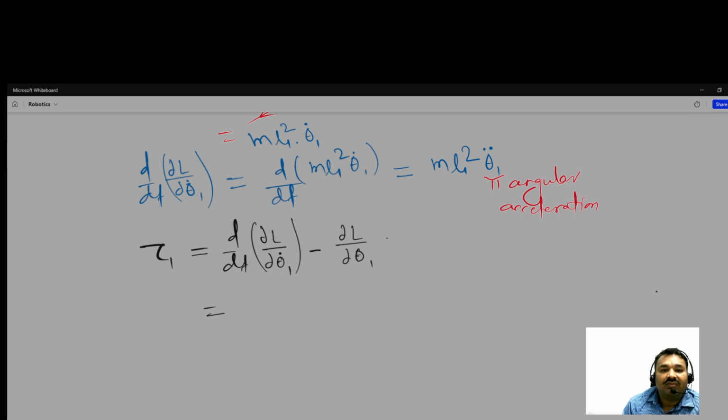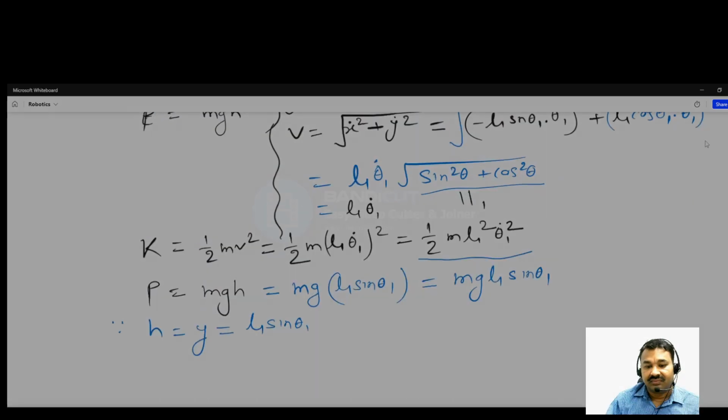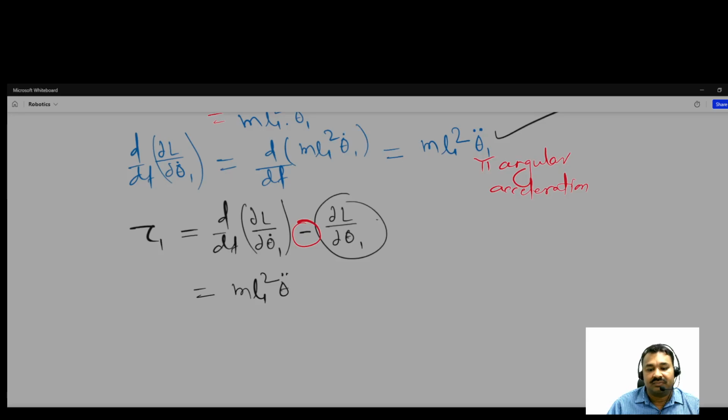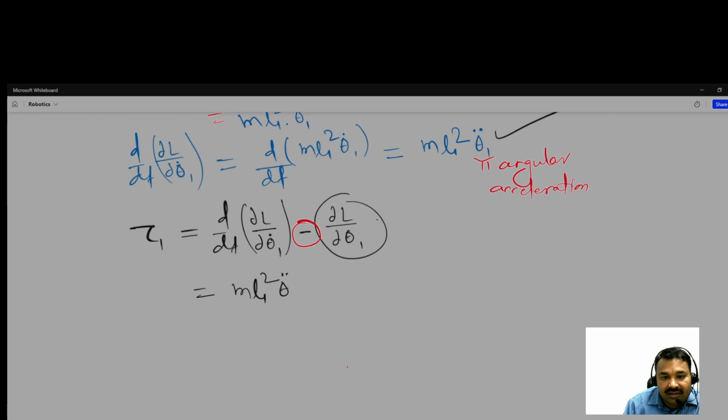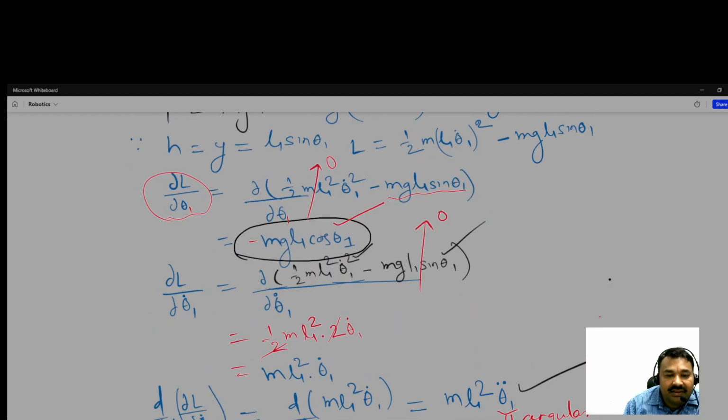Putting all this in, we get m L square theta 1 double dot, with a minus sign and in bracket the value of del L divided by del theta 1, which is minus mg L1 cos theta 1.